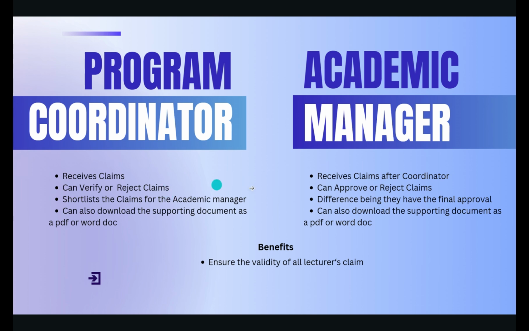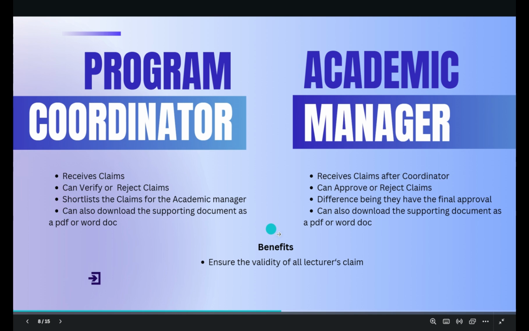And at any point when it's rejected, it will also reflect that on the lecturer side, and it will prompt them to put in another claim or make changes or something like that, right? So the benefit, once again, is to ensure that the lecturer's claims are valid.